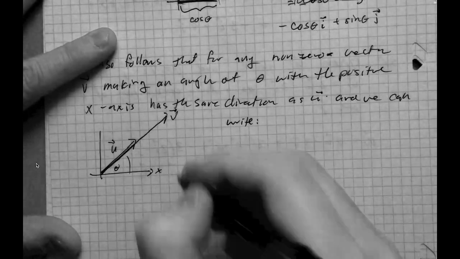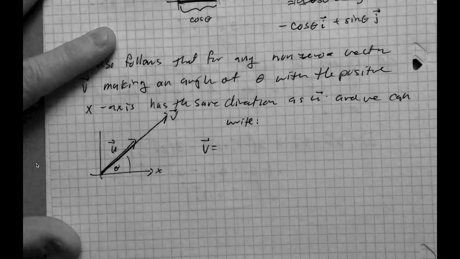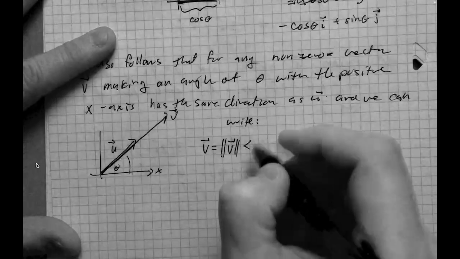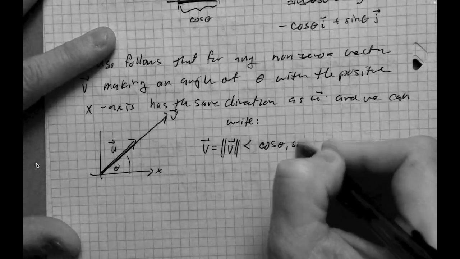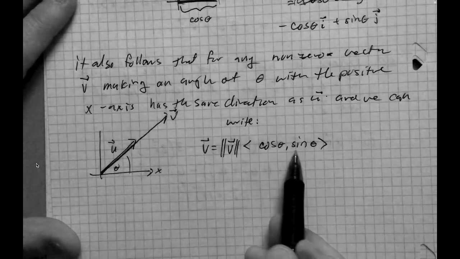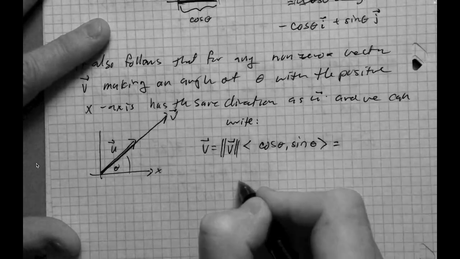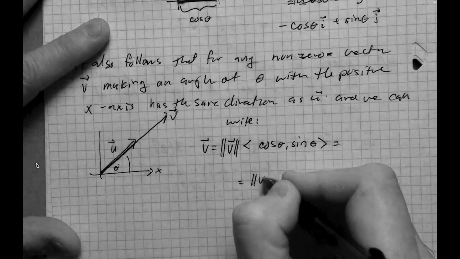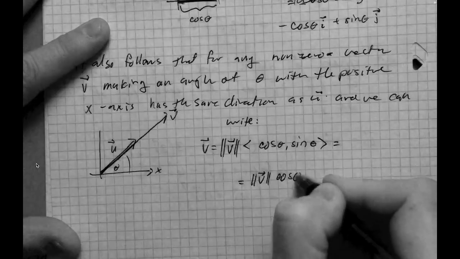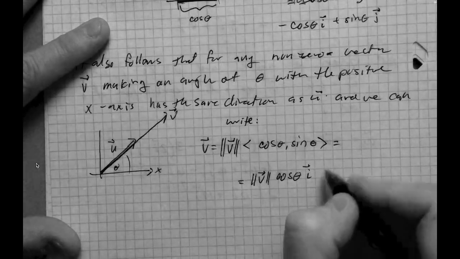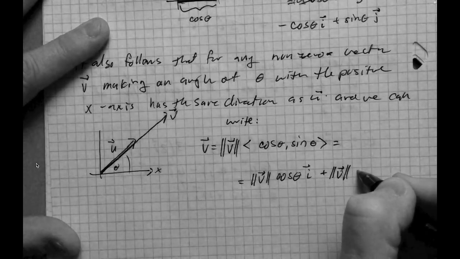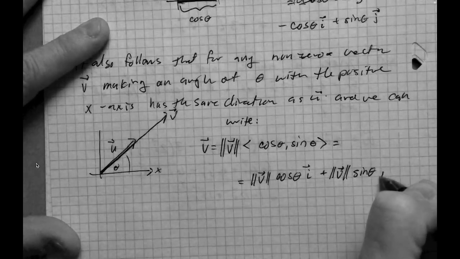And we can write v equals the norm of v times cos theta, sine theta. That's basically u. And that's going to be equal to the norm of v times cos theta times the vector I plus the norm of v times sine theta times the vector j.